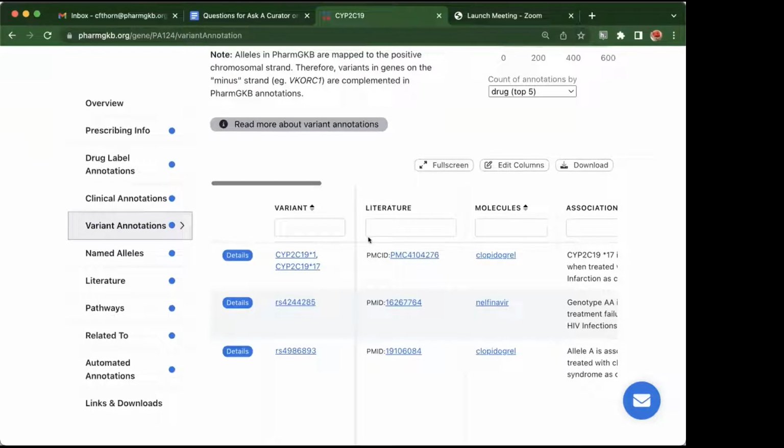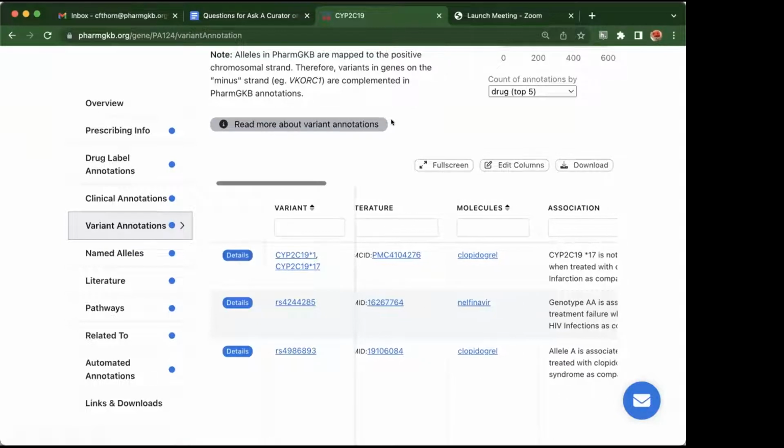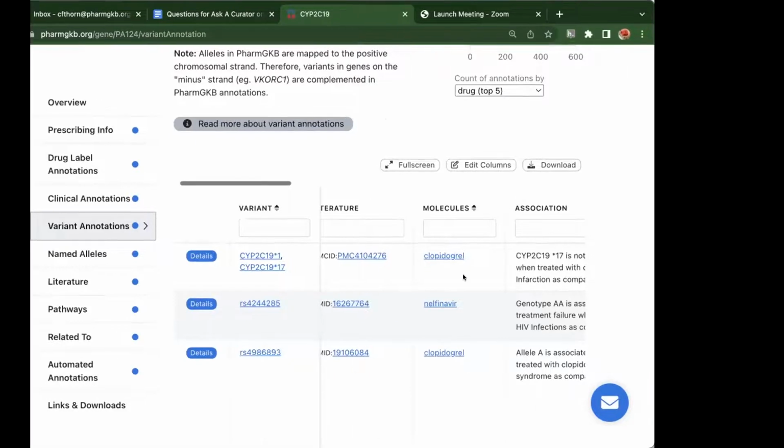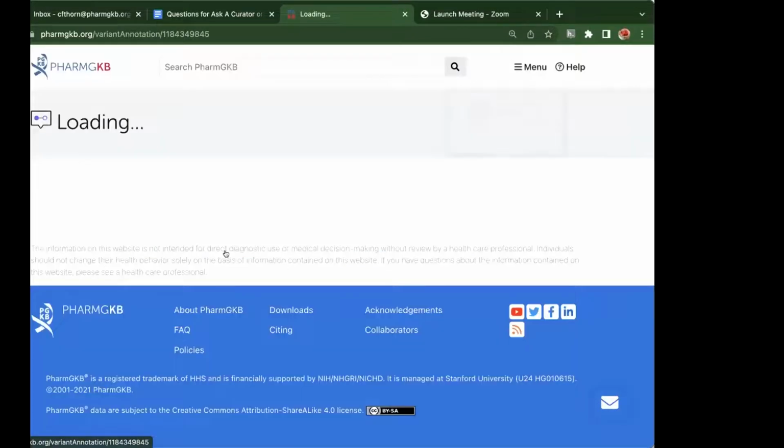So for those who are not familiar with what I think of as the bread and butter of our site nowadays, we're going to go look at an individual one.